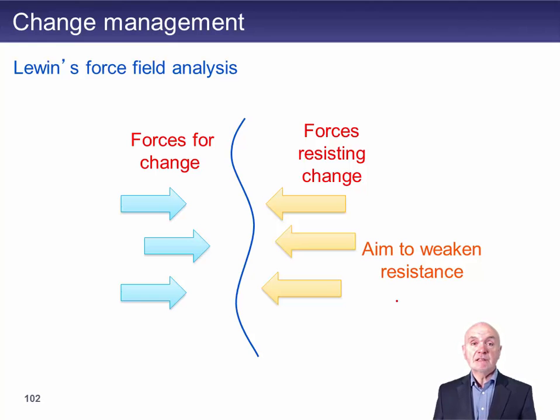Similarly, customers may initially resist change. So when many banks were changing from actually talking to people in a bank over a counter, and they were trying to get customers to move to telephone banking and internet banking and so on, there was a danger, of course, that many customers would resent that and not want to go for it.